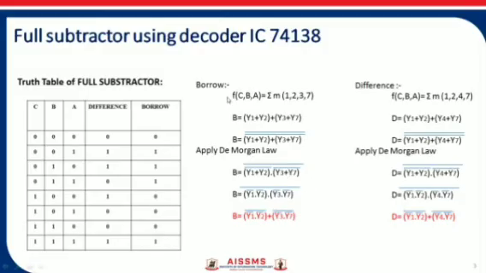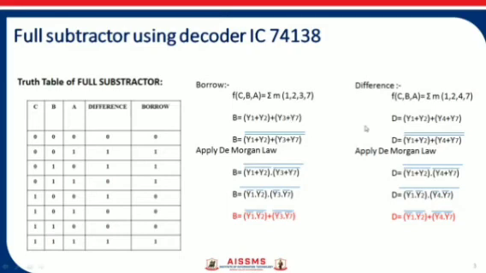Now moving towards the borrow. For the decimal values 1, 2, 3 and 7, in this truth table the borrow becomes 1, otherwise for other values it remains 0. So again this is the function in terms of SOP. By considering these 1, 2, 3, 7, the borrow expression will be Y1 plus Y2 plus Y3 plus Y7.